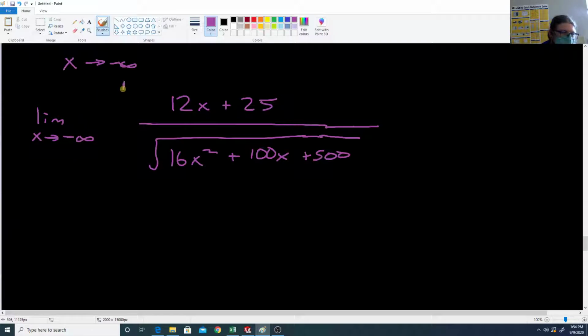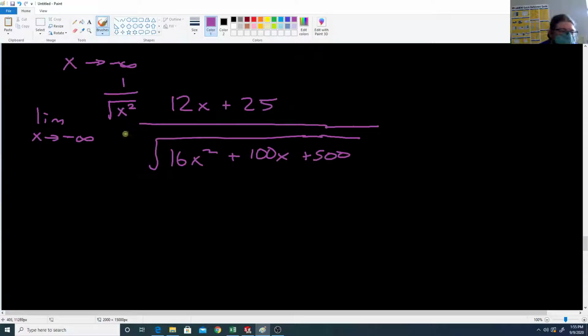So if I bring in a 1 over the square root of x squared, that's supposed to stand in place of just an x, but squaring a negative makes it positive, and then taking the positive square root gives us 1 over a positive thing.